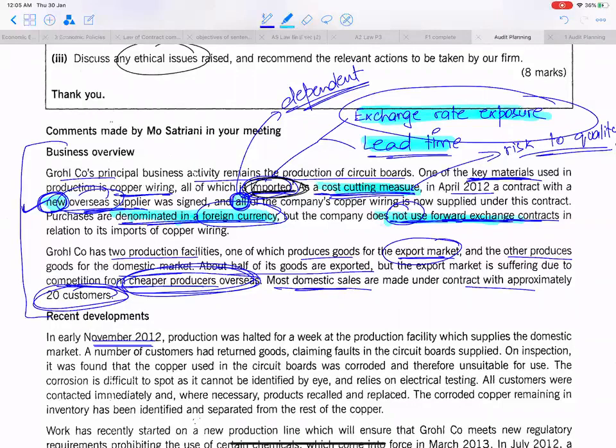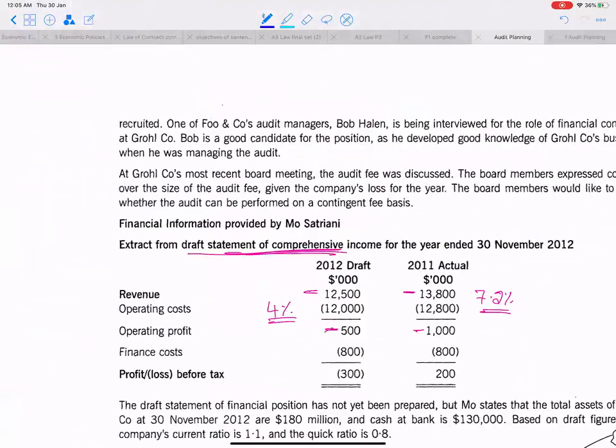Now, let's write one more risk, which is lead time, because we are importing the raw material. So we face the risk of lead time also. Like if the raw material will get delayed, then this will create impact of lead time, like our production may get affected. Now see, how to write this risk?